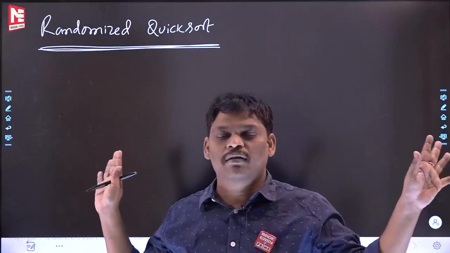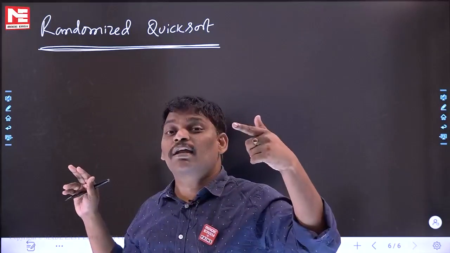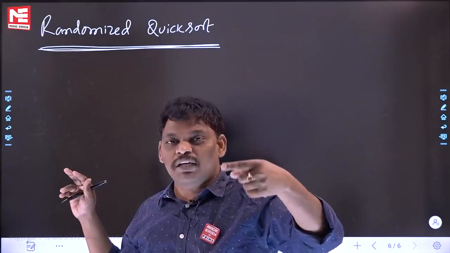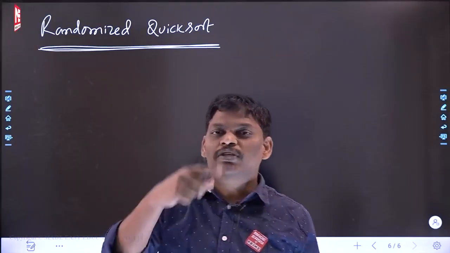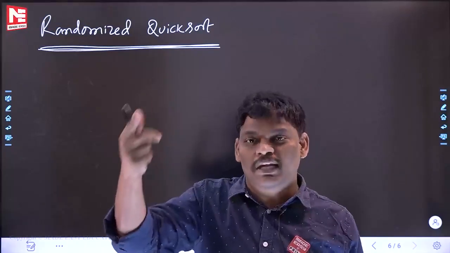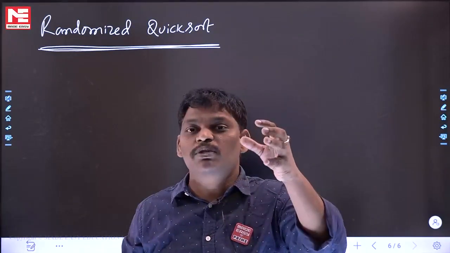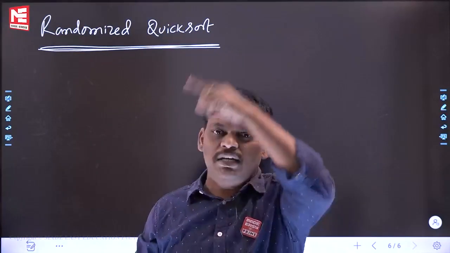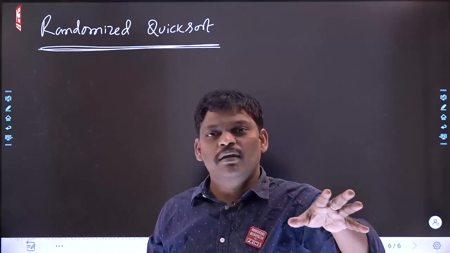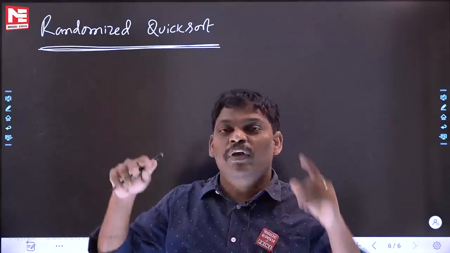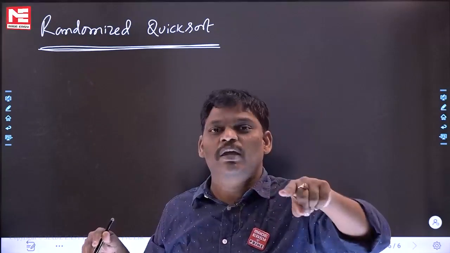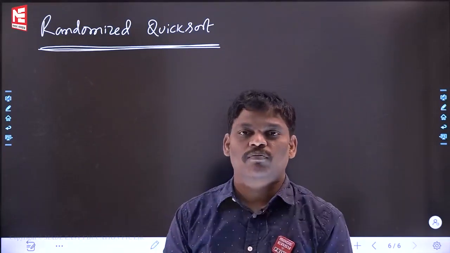You know this very well. Quicksort is running, and internally partition is also running. How many times? Because of recursion, many times the partition algorithm runs inside. Assume the partition algorithm is running for the first time. It has to select some pivot.